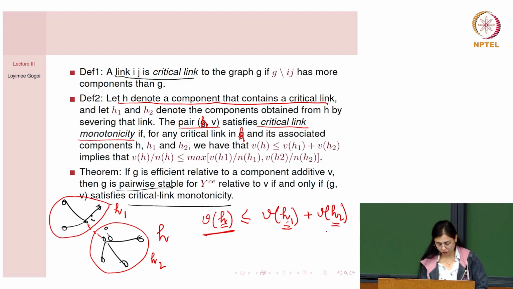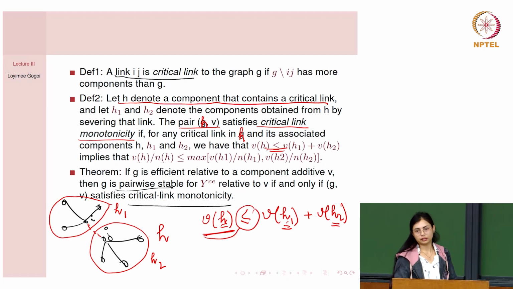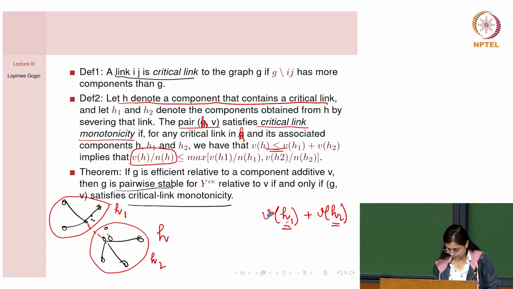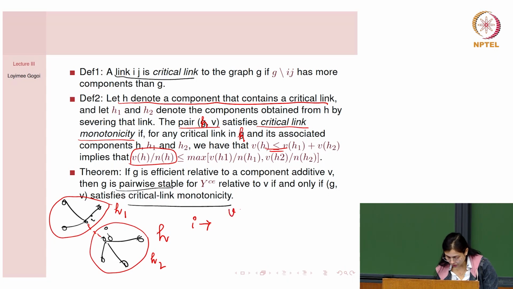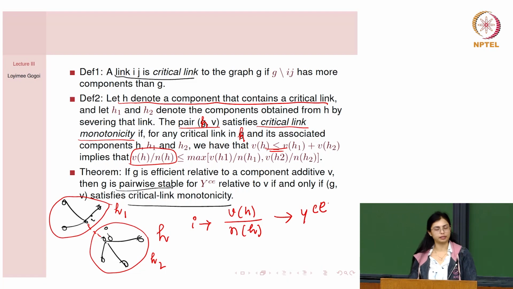If we sum them, this should be greater than the worth generated by H. And this is one allocation rule. A particular player, say i or j, in that network H, how much he is getting, this allocation rule we call component-wise egalitarian, CE.